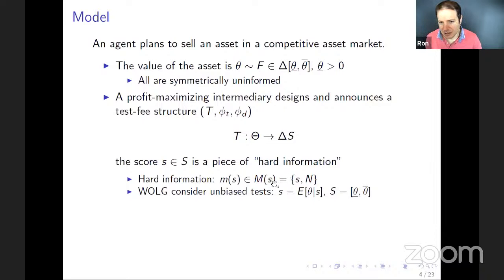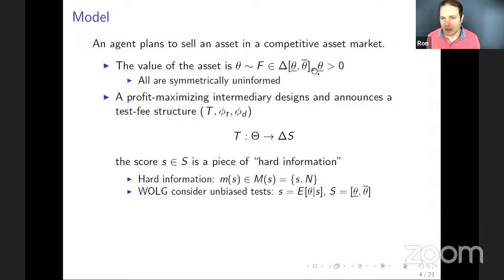Now, just a technical point about the set of scores. It turns out that in this model, the only thing that the score is used for is to infer the expected value of the asset. So it's without loss of generality to fix the set of possible scores to be the convex hull of the set of possible values of the asset. Let me clarify here.